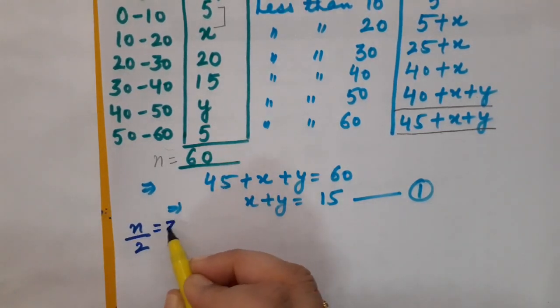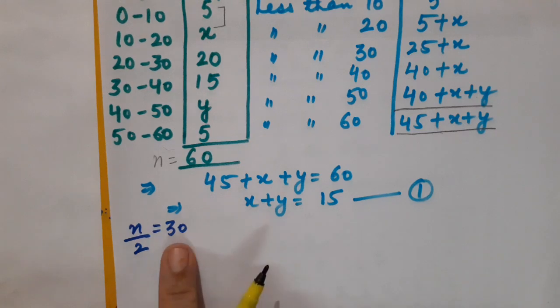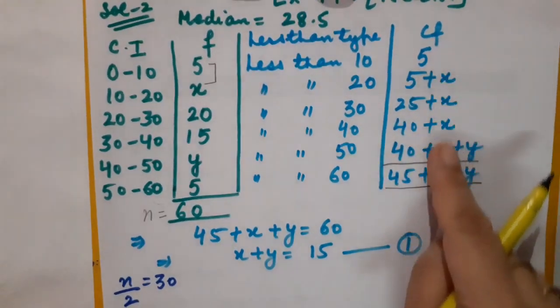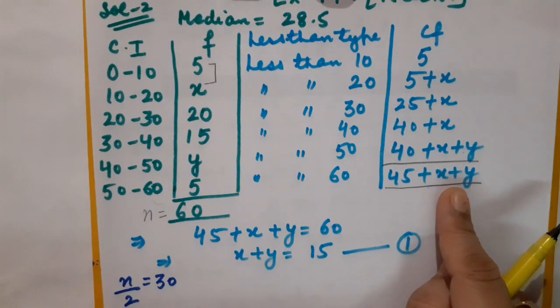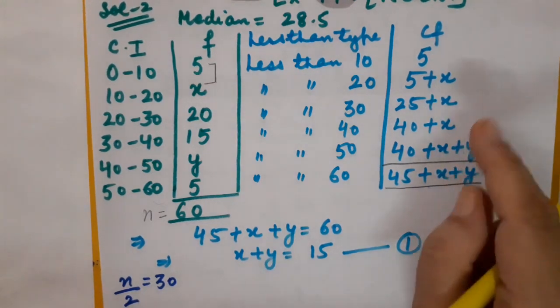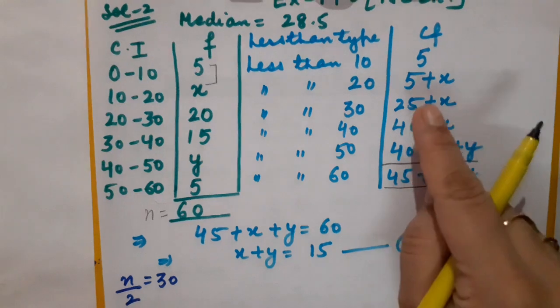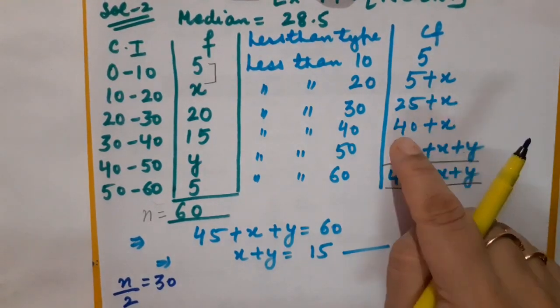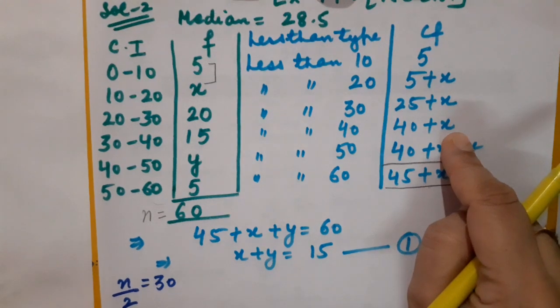If I say it must be equal to 30, so I was going to find that particular cumulative frequency which is just greater than 30. So here, which one will be greater than 30? If you take 25 plus x, that can also be greater than 30. 40 plus x will also be greater than 30.